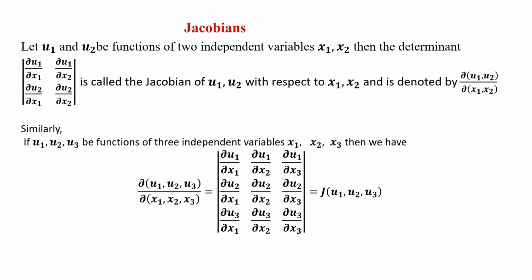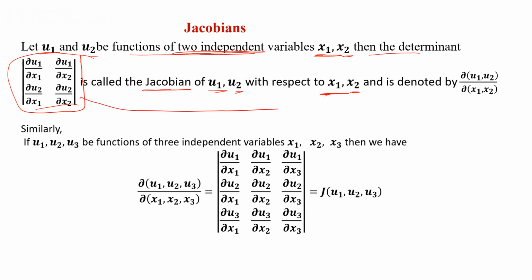Now in the simple way we can say: suppose u1, u2 are functions of two independent variables x1 and x2, then that determinant is called the Jacobian of u1, u2 with respect to x1, x2, and this determinant is denoted by del of u1, u2 with respect to x1, x2.